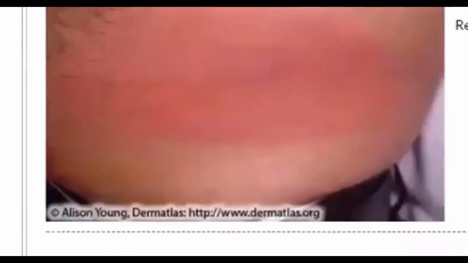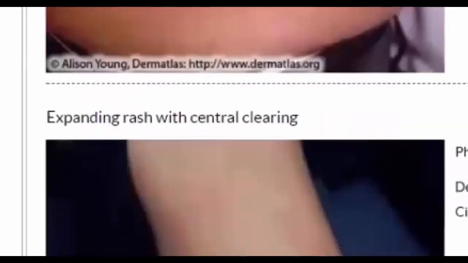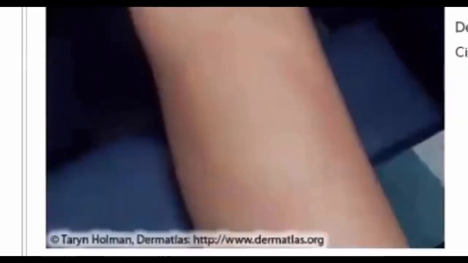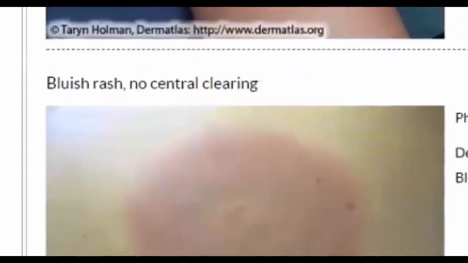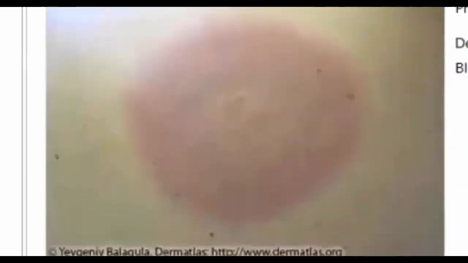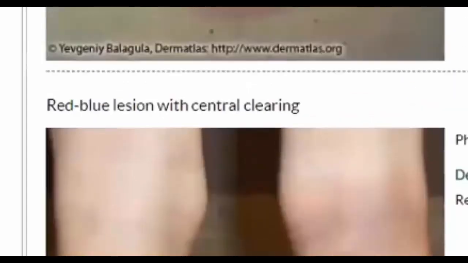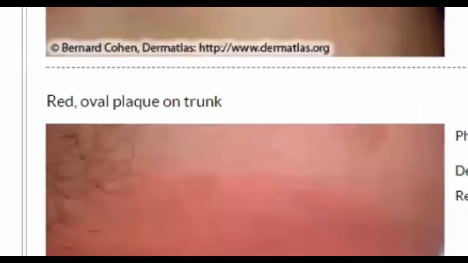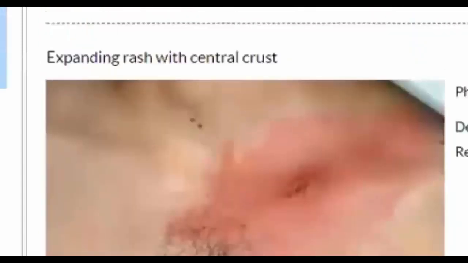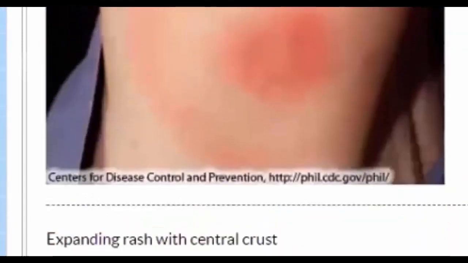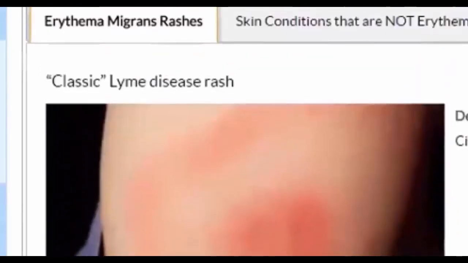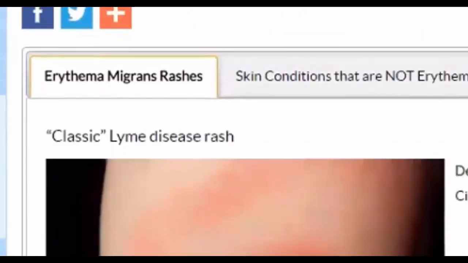You wouldn't think Lyme because it's not a bullseye, right? Right. And then there can be this kind of rash. So if you've been bit, any of these rashes could be an indicator that you have it. But the rash only shows up in about 37% of patients.